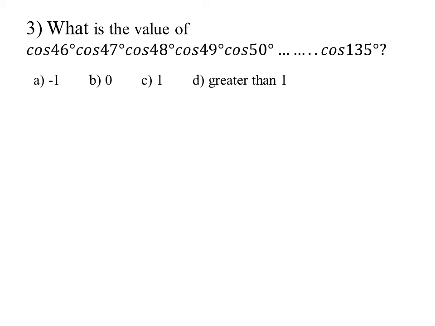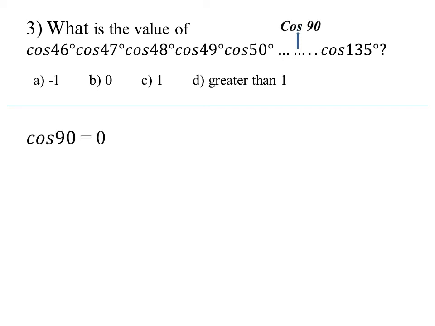We have to find the product value of these terms. We know that these are continuous terms, so cos 90° is in between the terms. We know that the value of cos 90° is 0. All the terms are multiplied, so multiplication with 0 is 0. So the correct answer is 0, option B.